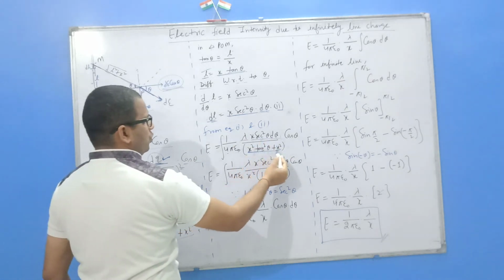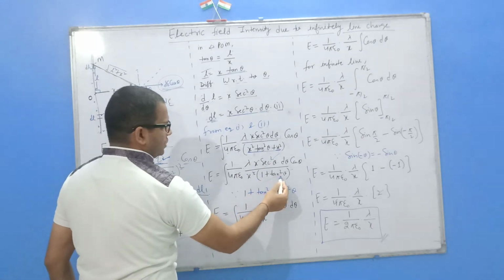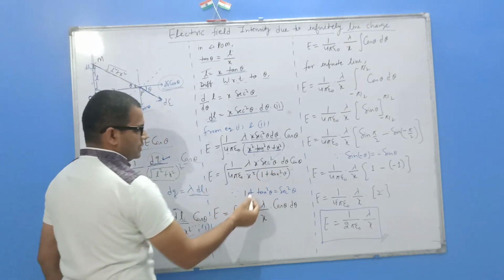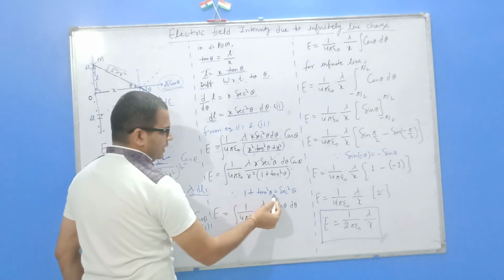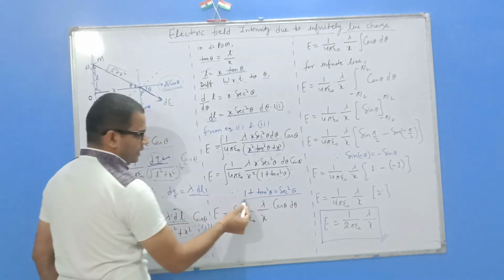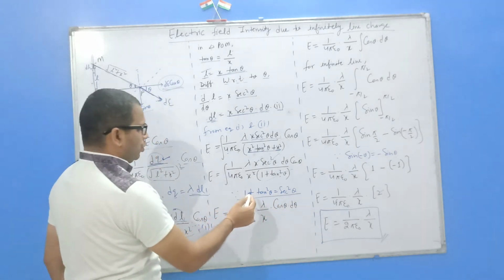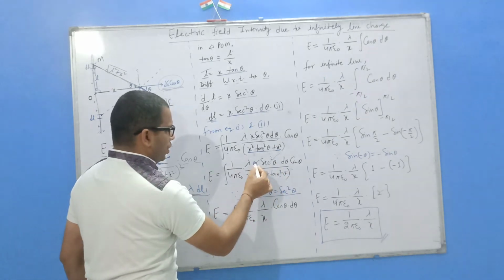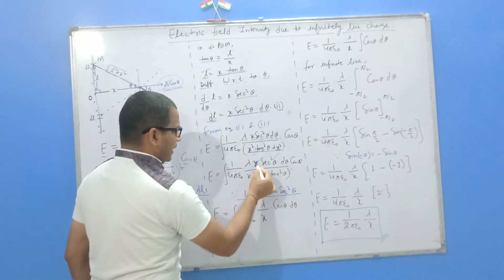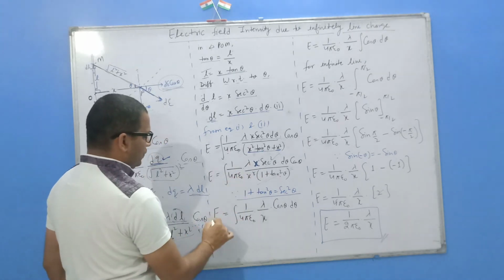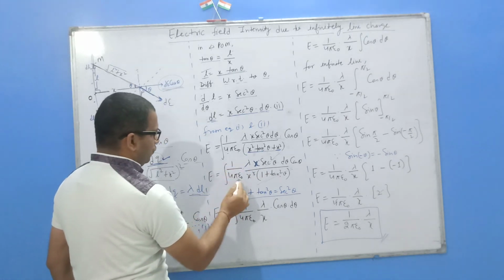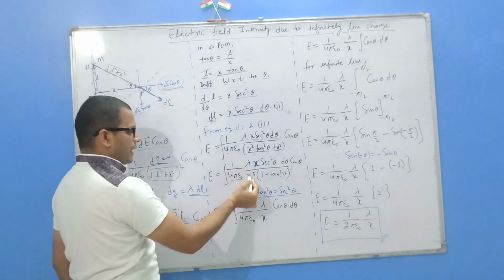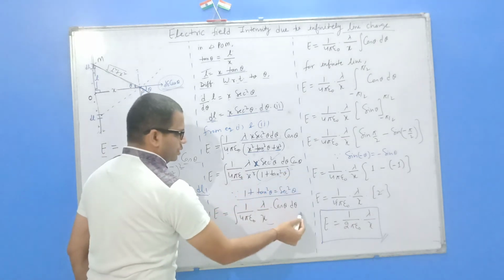Taking x square common, we get 1 plus tan square theta, which is equal to sec square theta, by identity. So sec square theta cancels out, and one power of x cancels. Finally we have E equal to 1 upon 4 pi epsilon naught lambda upon x into cos theta d theta.